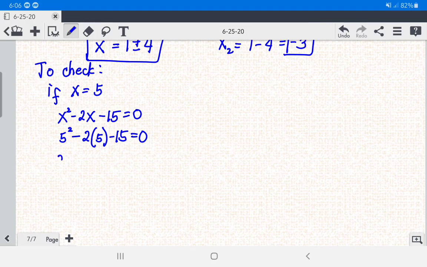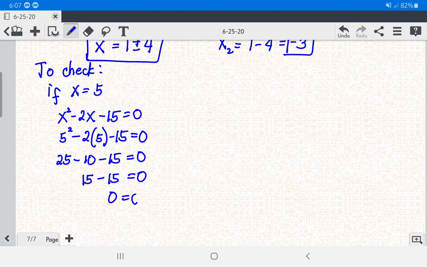Then 5 squared is 25. Negative 2 times 5 is negative 10. Then minus 15 equals 0. Now, 25 minus 10 is 15. Then minus 15 equals 0. So 0 equals 0.